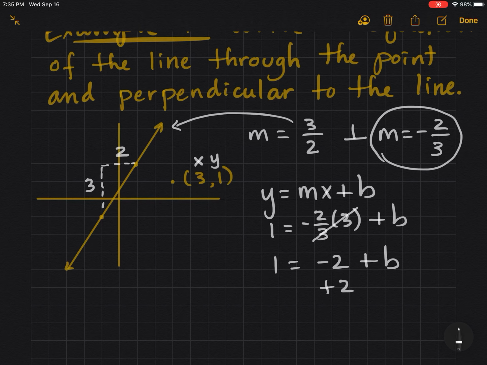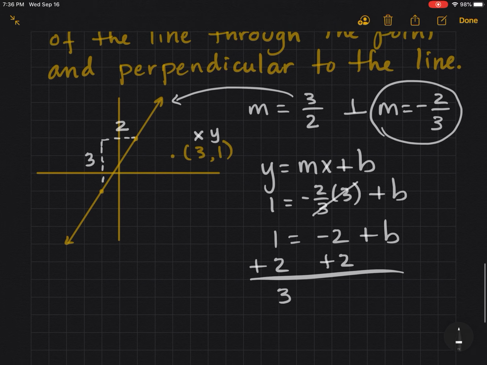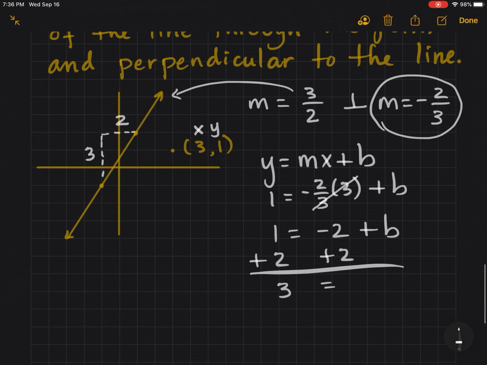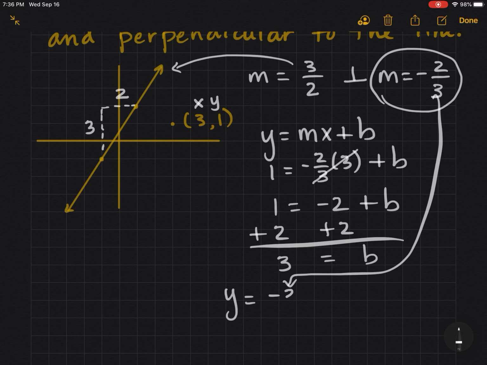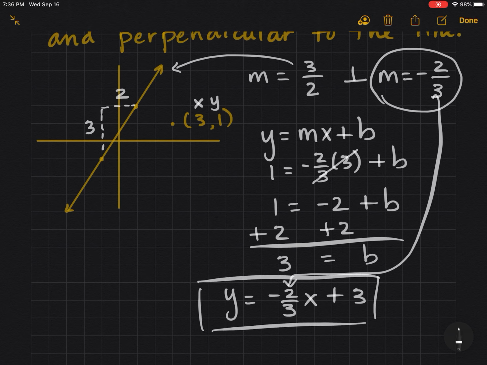And I'm going to add 2 to both sides. b equals 3. And so now my new equation takes this slope, with the new y-intercept. Let's graph it and see if they appear to be perpendicular.